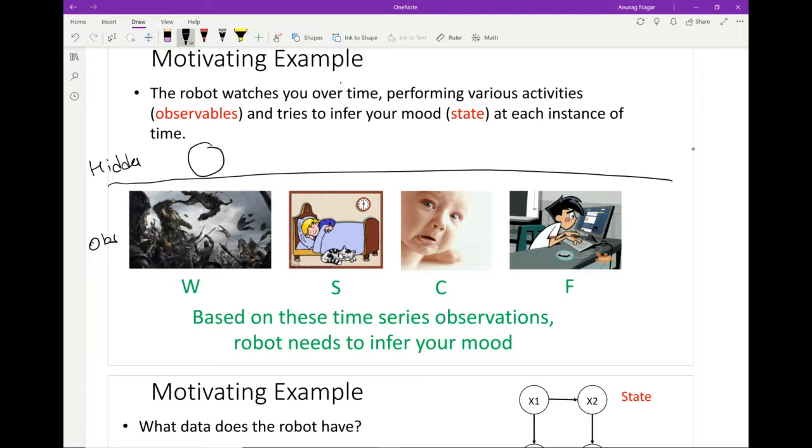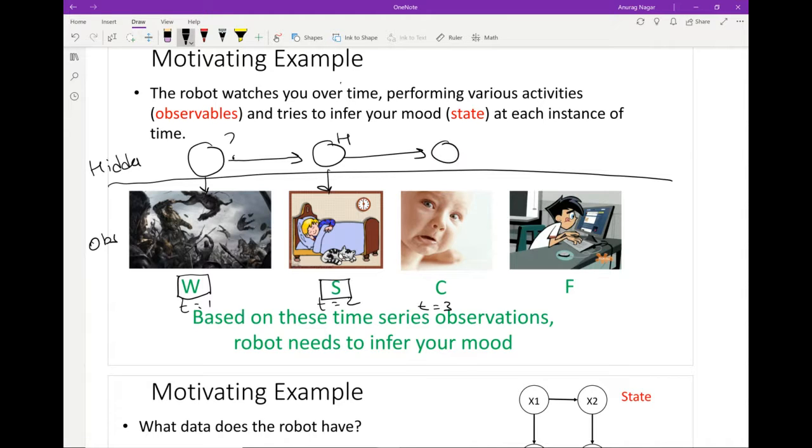So I don't know what the hidden state is at t equal to 1. But I do observe the person watching the Game of Thrones. Then it leads me to time 2. I do not know the hidden state of the person. It may be happy or sad. But I do observe the person sleeping, at time t equal to 2. At t equal to 3, I don't know what jump he made.